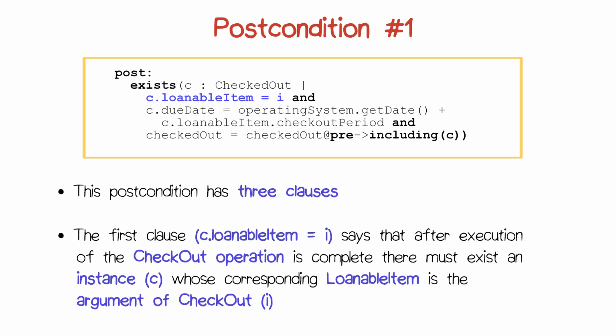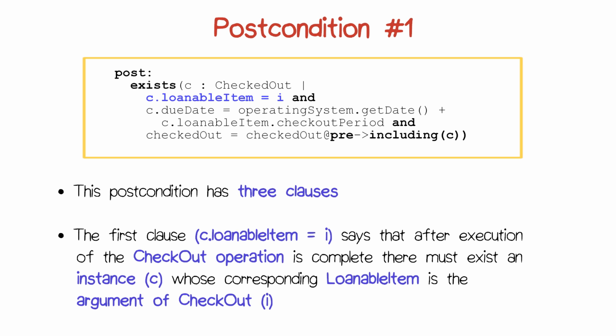So the state that exists afterwards is just checked out. We can think of that as a set of records or a set of links. But we need some special notation to deal with the state of the checked out association beforehand.